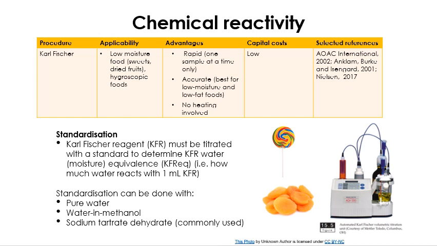This method is suitable for analyzing moisture content in low moisture food, such as sweets, we talk about candies here, or dried fruits, as well as hygroscopic materials. The good thing about the Karl Fischer method is that the analysis is rapid. However, you can only analyze one sample at a time, but it is highly accurate and it's the best method to measure low moisture and low fat food.